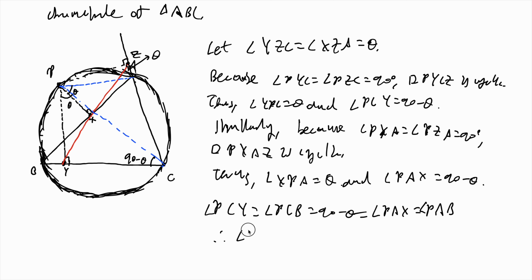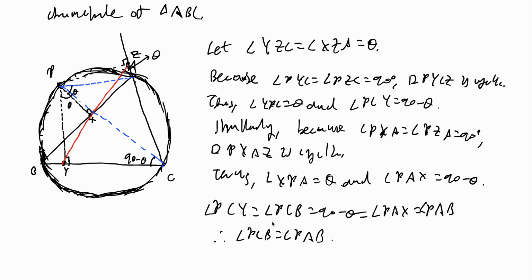Therefore, angle PCB equals angle PAB. Is this right? PCB, PAB. And for this to happen, P must lie on the circle, because this is also an if and only if condition.